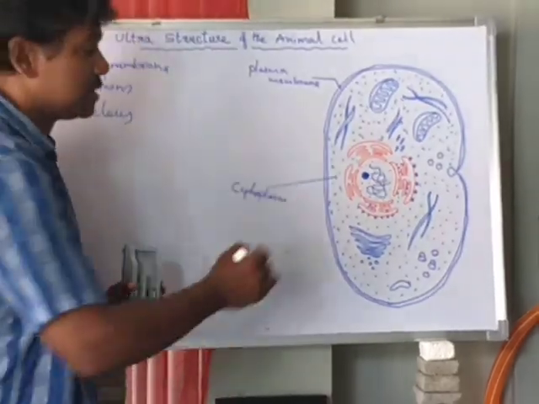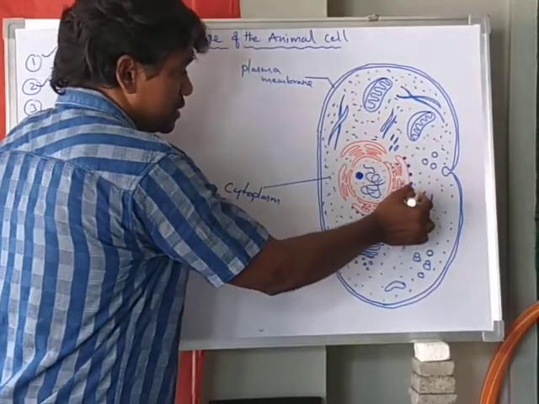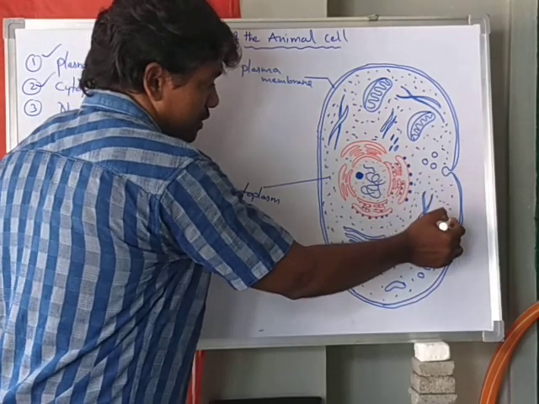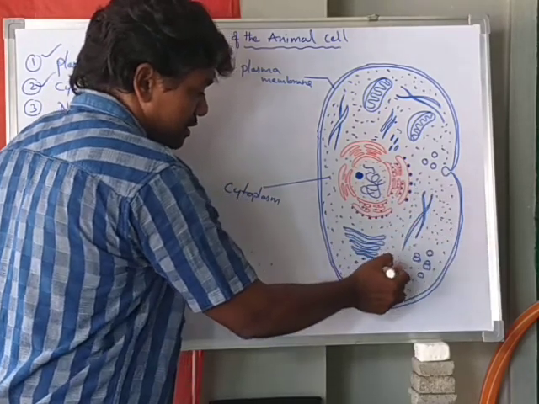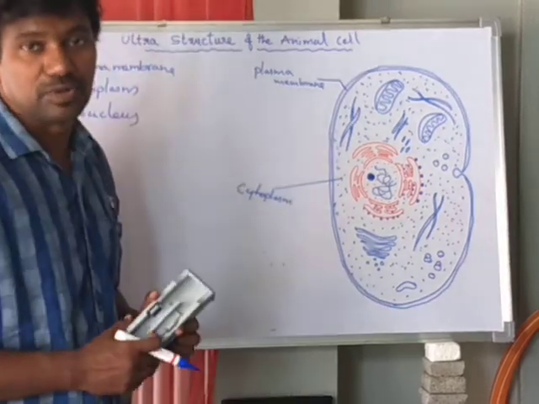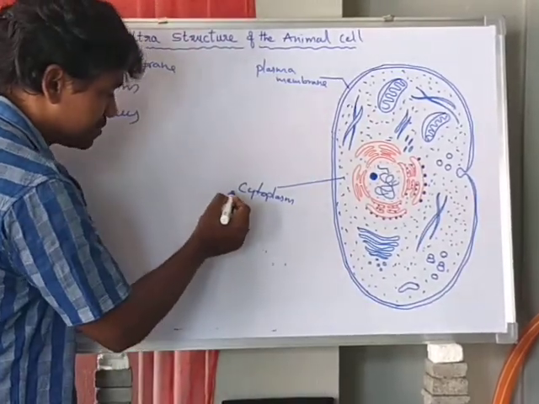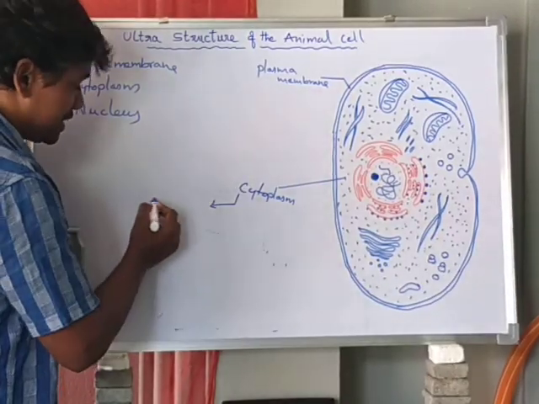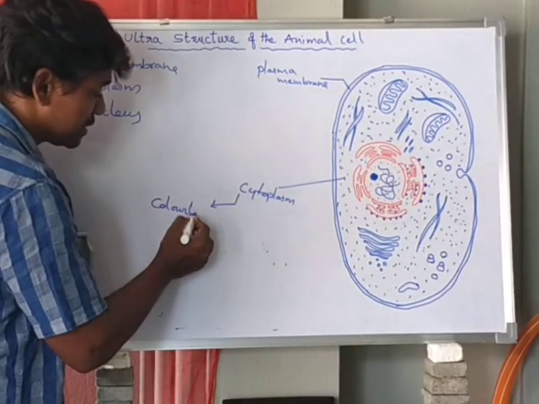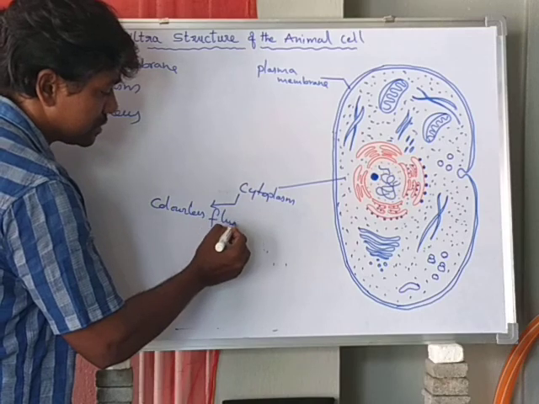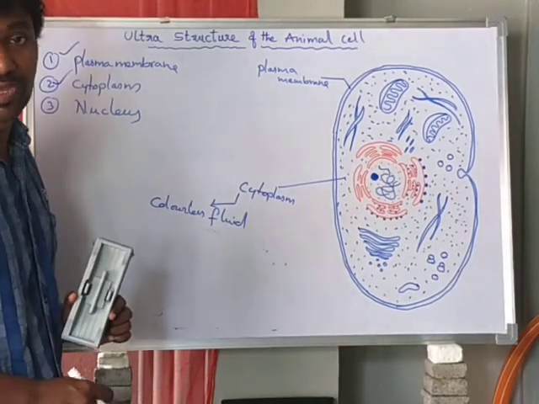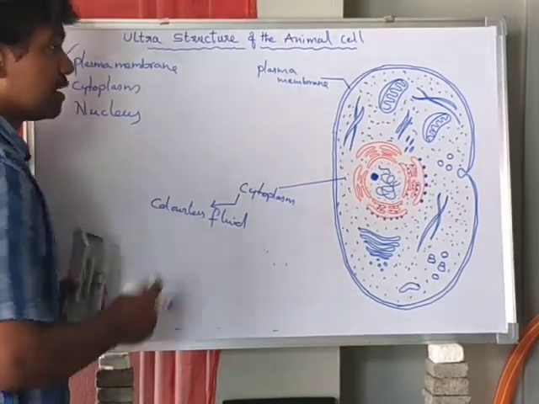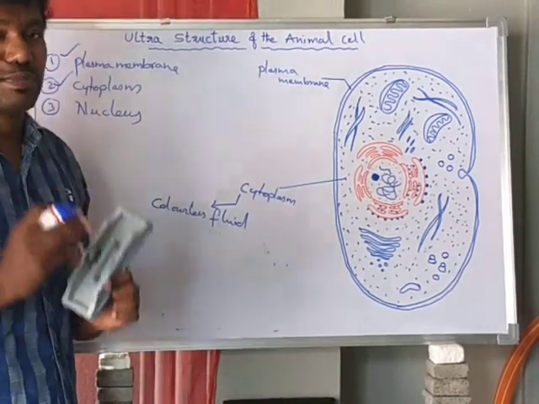What we are showing with the dot-like structures is called the cytoplasm. Cytoplasm is a colorless fluid, homogeneous, and it is transparent also.